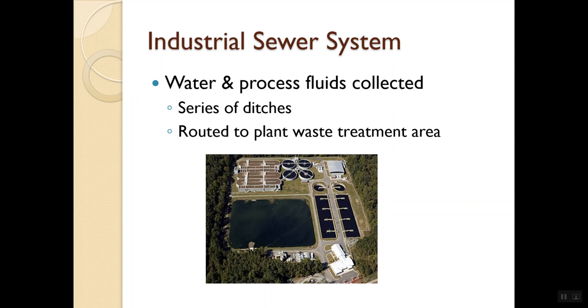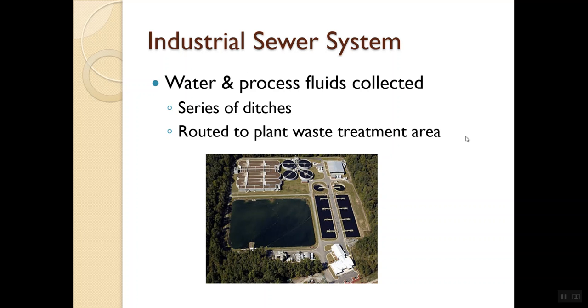Okay? They have to be there because we have to get the rainwater out of the facilities, but we can't let any processed material go down there. So we'll have specific industrial sewers marked. Storm drains will be marked. Usually they're painted a certain color, and the industrial sewer systems are painted a different color. Processed fluids can go down the industrial sewer systems because then they go to a treatment area.